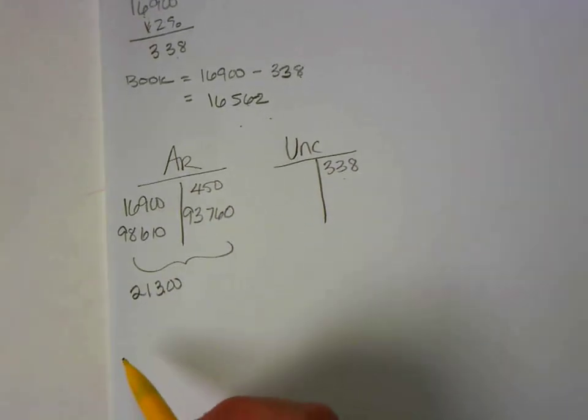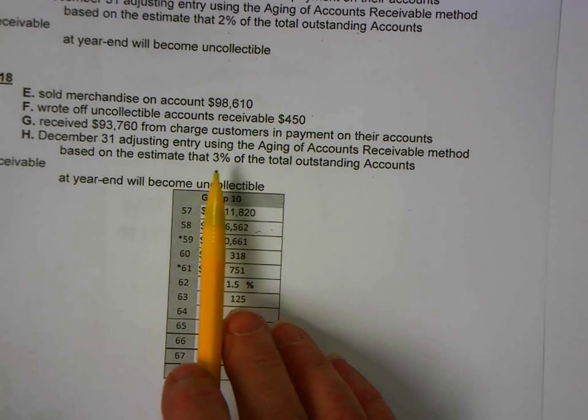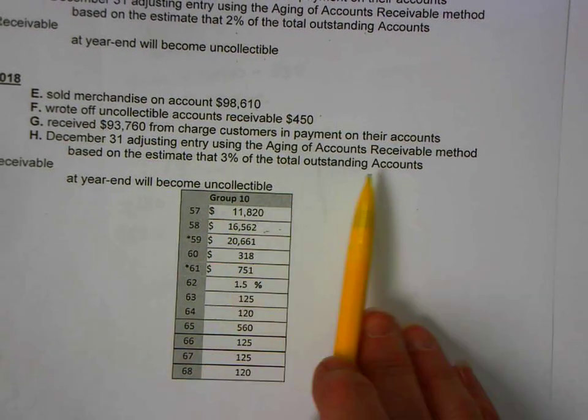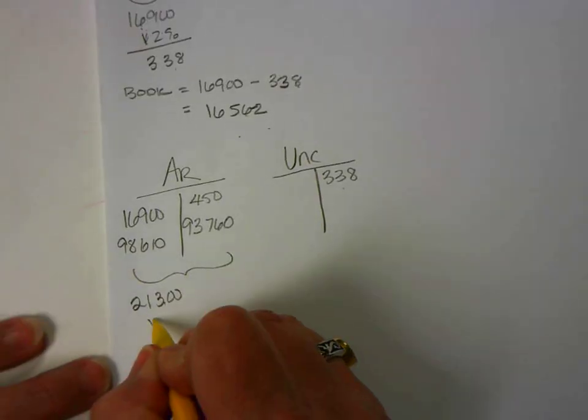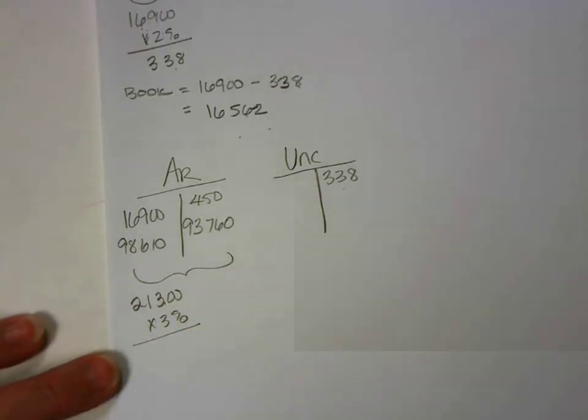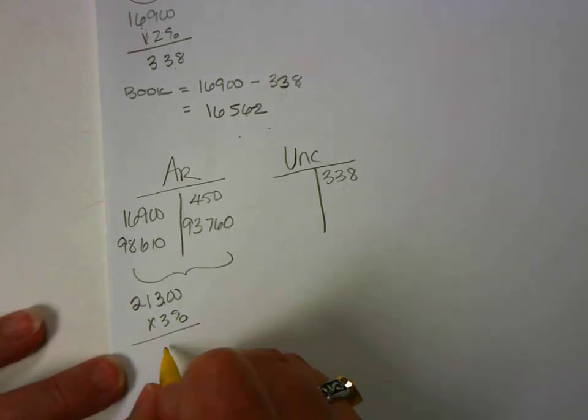Okay, but now it's telling us that we're going to use 3% on the outstanding. Okay, so we're going to do times 3%, which is $639.